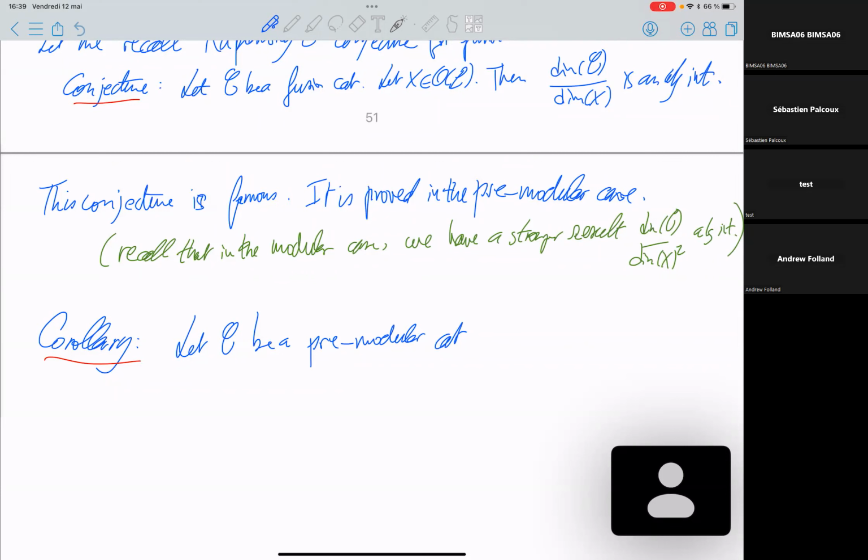Is there a difference between right bond and premodular? Right bond, 2.16: a right bond tensor category is a braided rigid monoidal category equipped with a right bond structure. No, I should go to premodular category.